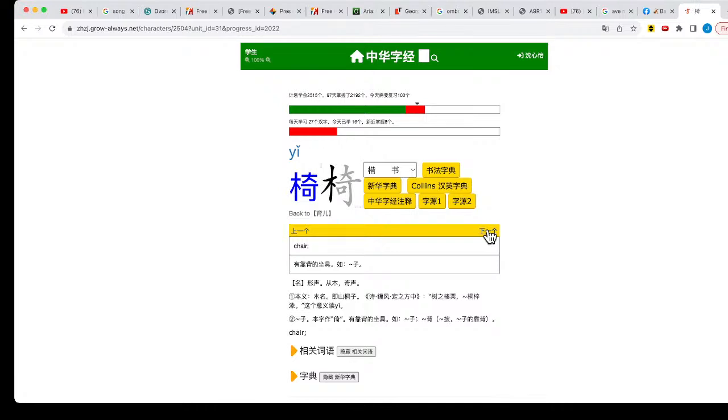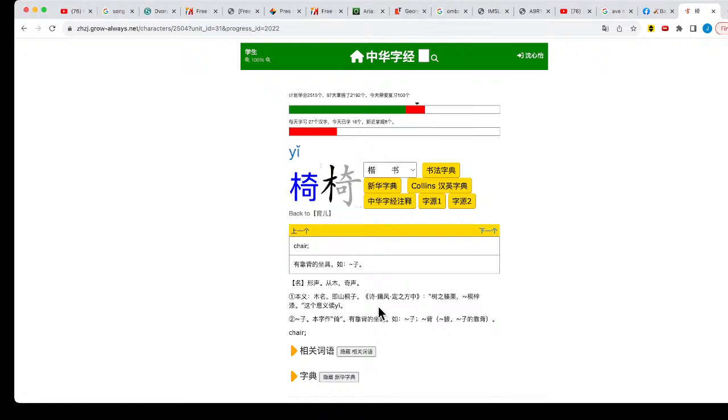椅 means chair. A chair is a piece of tool to sit on with back support. That kind of seating tool is called 椅子. Now, this character originally referred to a type of tree.